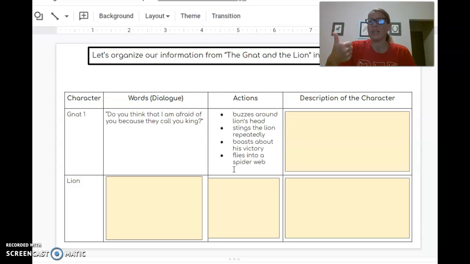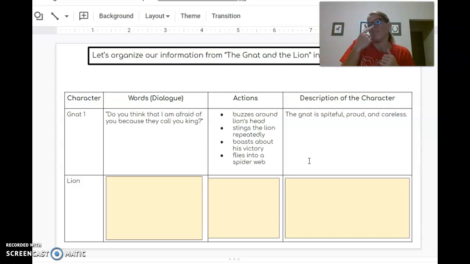So knowing how he spoke, knowing the actions that he did, how can we describe him? What are some ways that we could describe the gnat? Well, in the text it told us he was spiteful. He said it spitefully. And if you're with spite, it's kind of like somebody being snooty with their nose in the air. He was proud, and I would probably even almost use the word boastful, because to me proud can be a good thing.